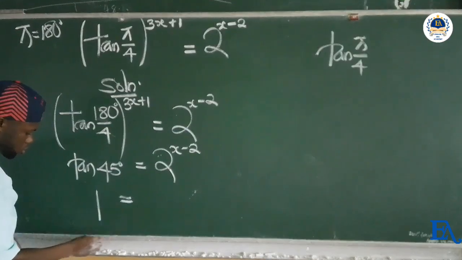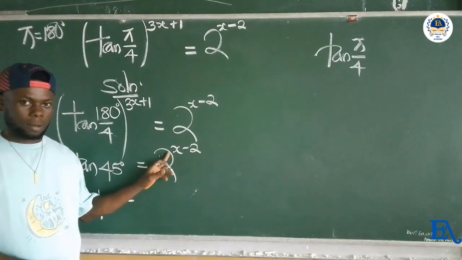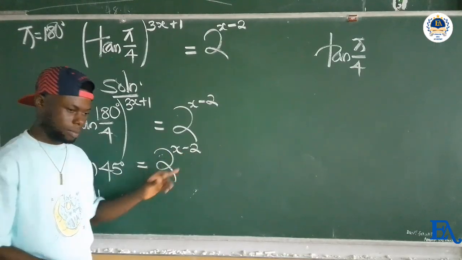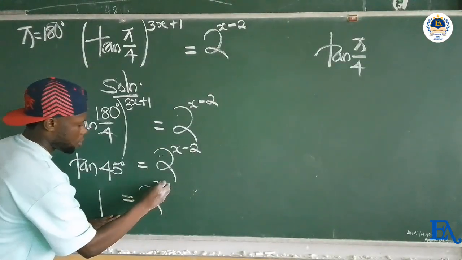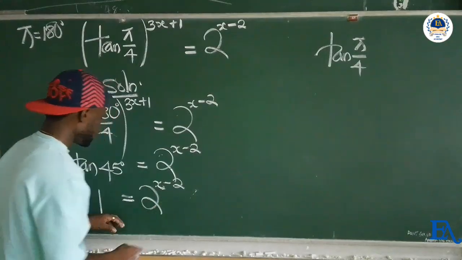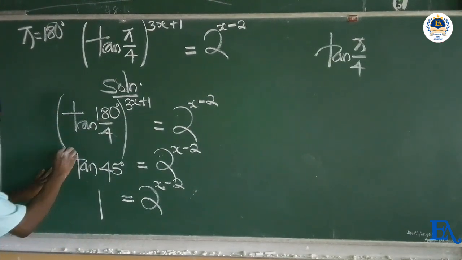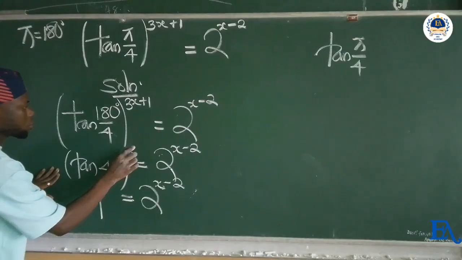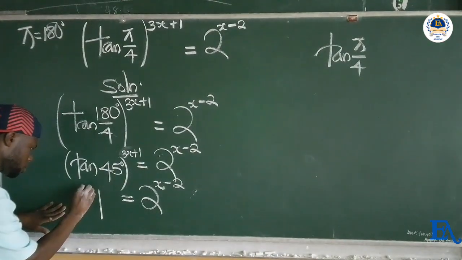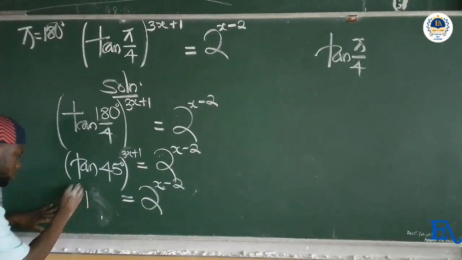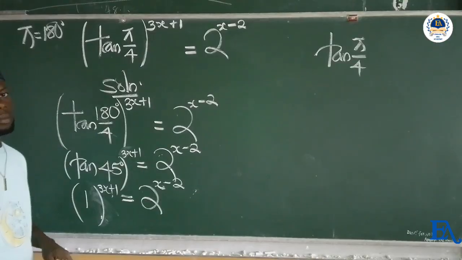This is equal to 2 raised to the power of x − 2. Please, pardon, let's not ignore the power. So the power is 3x + 1.